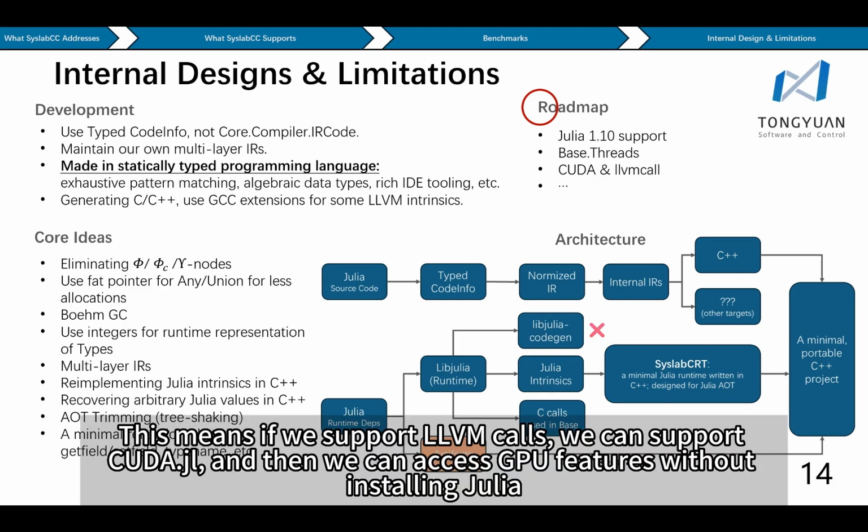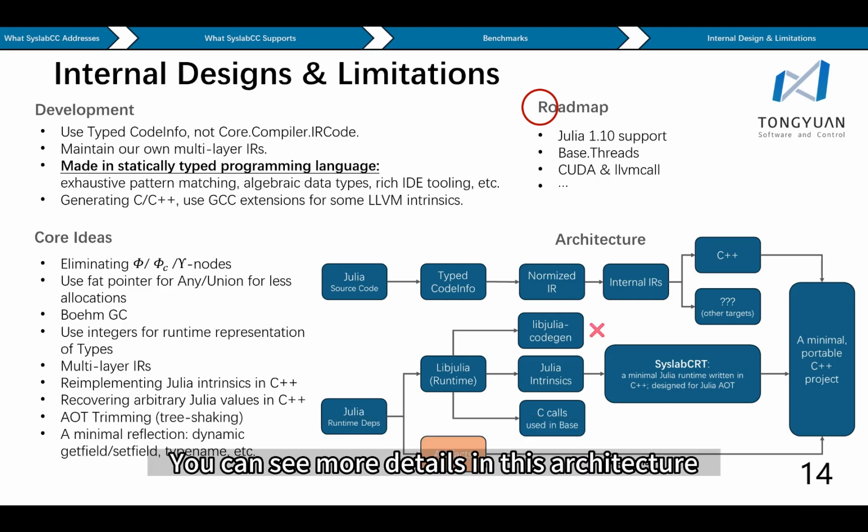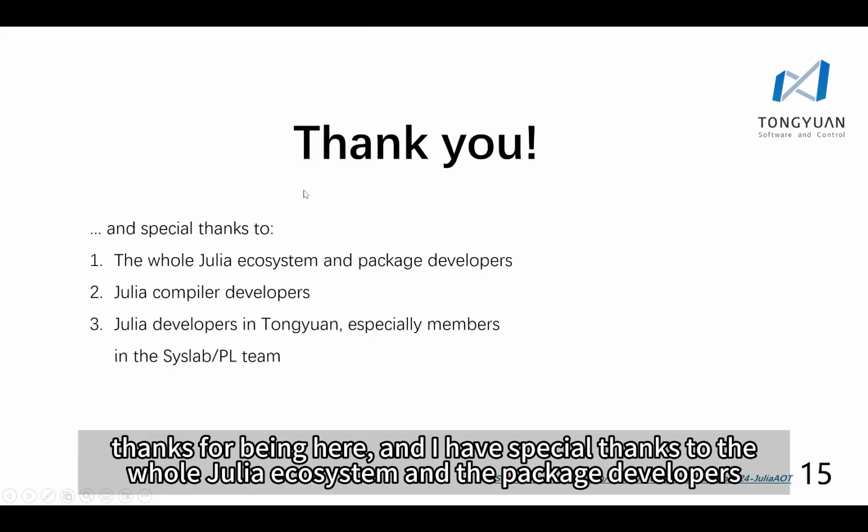This means that if we support LLVM calls, we can support CUDA.jl, and then we can access GPU features without installing Julia. So you can see more details in this architecture.